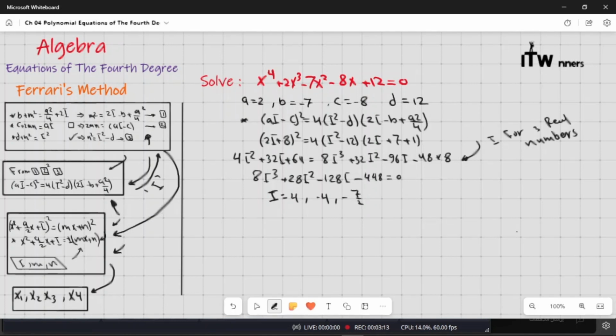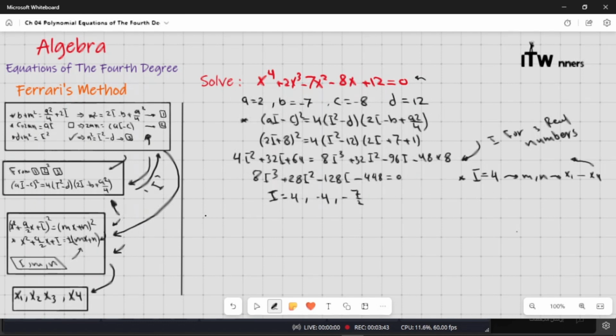We just take one of them. Okay, start with I equal to 4, and then obtain m, and then substitute to get x1 to x4, and here we must, as you said before, make sure these roots are the roots of this equation.